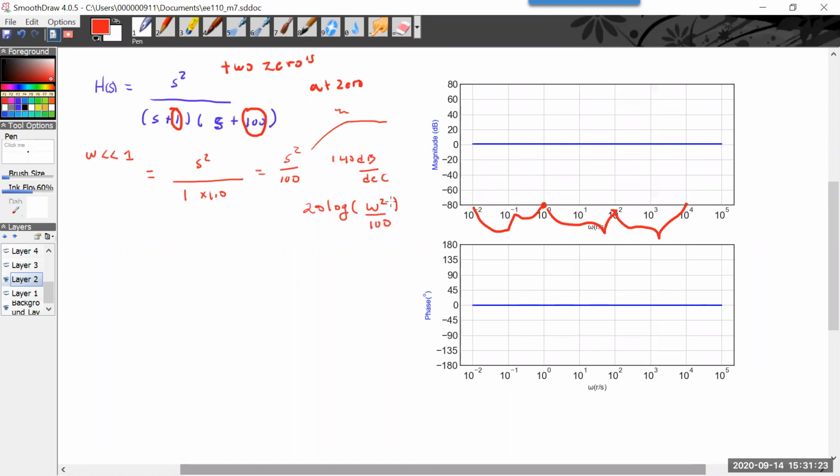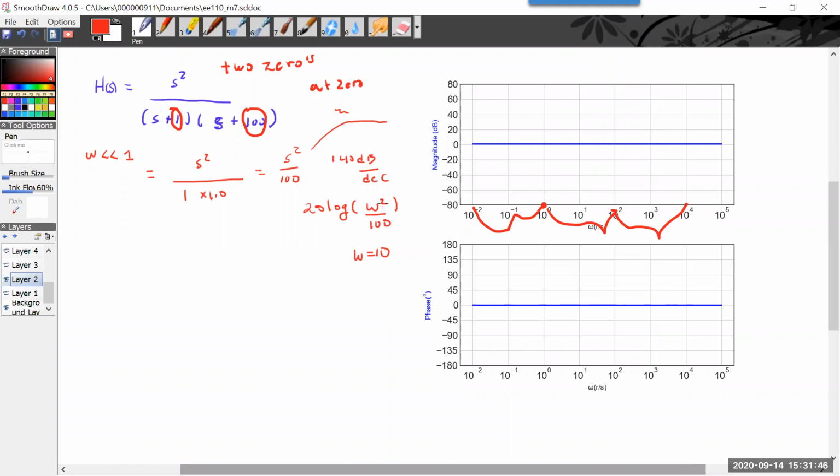So you can see that when omega equals 10, this will be 0, because 10 squared is 100.